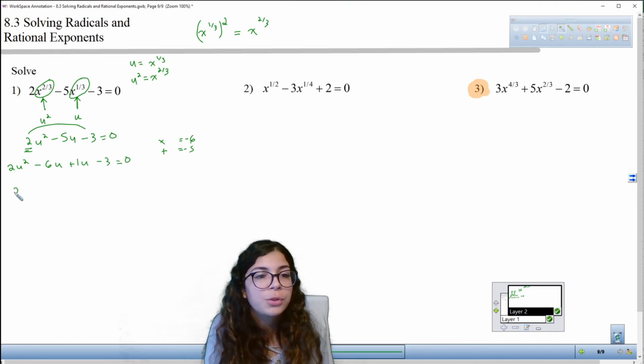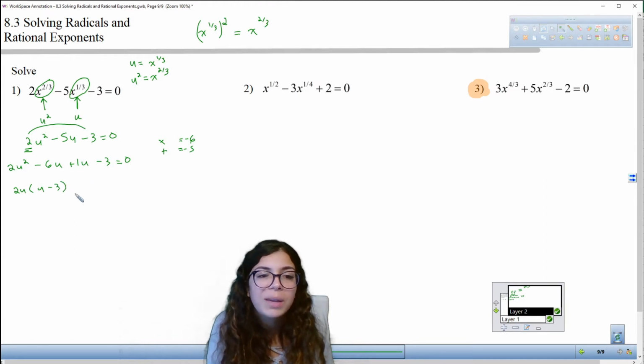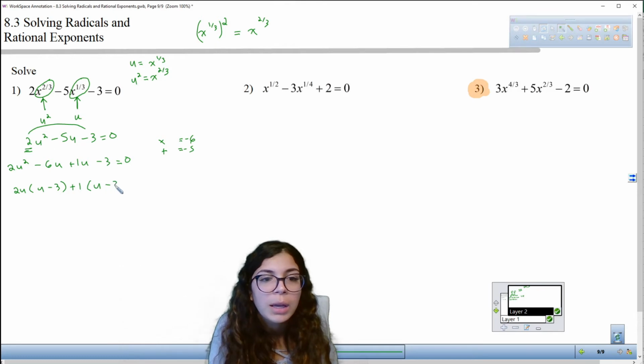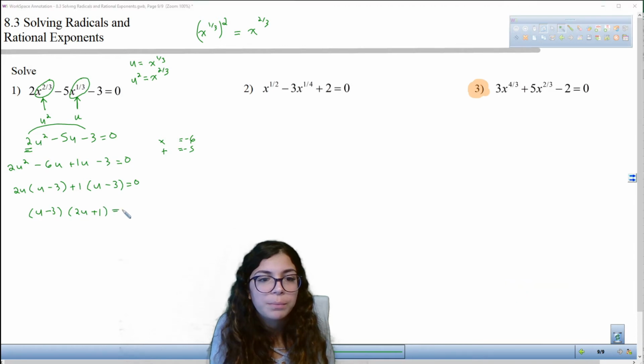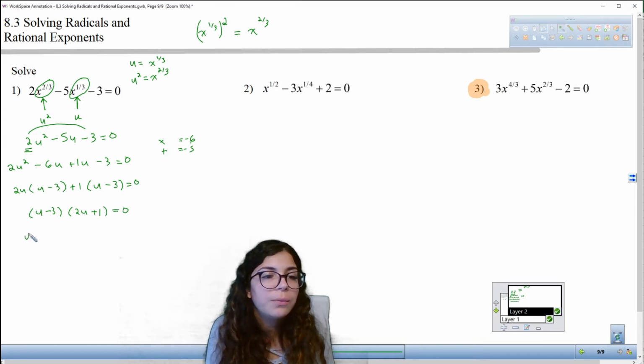Factoring out from the first two terms 2u, that will give us u minus 3. And from the back two, we can't really factor out anything, so I'll just put a 1 as a placeholder. Then we could factor out from both of these terms the u minus 3. So factor out u minus 3, and that will give me 2u plus 1. Okay, so I have two potential solutions here, u equals 3 and u equals negative 1/2.